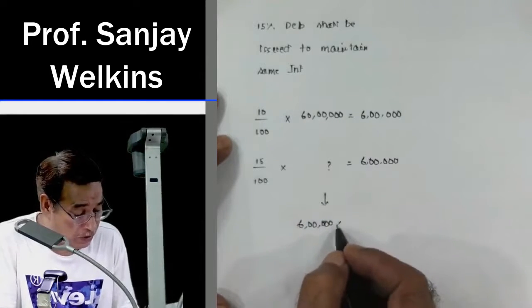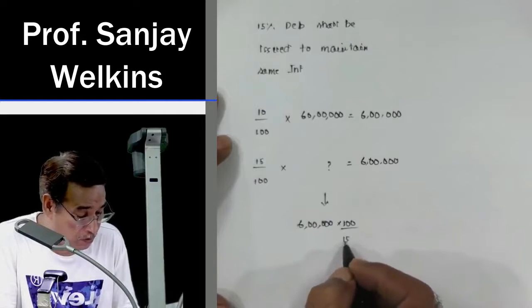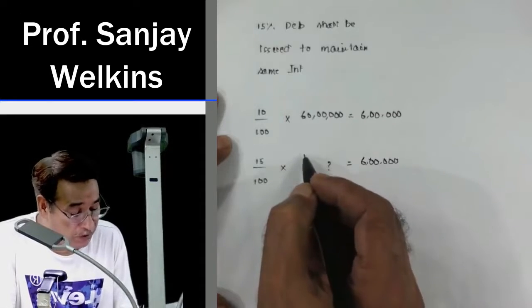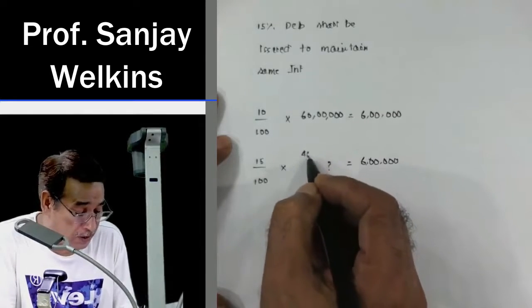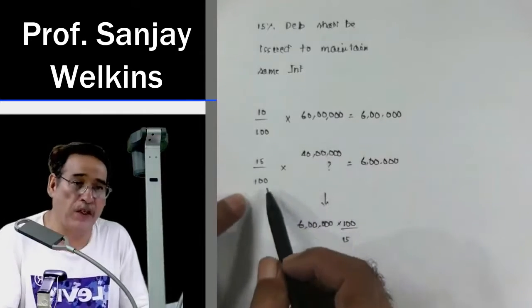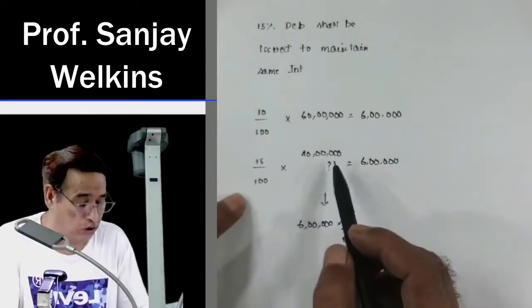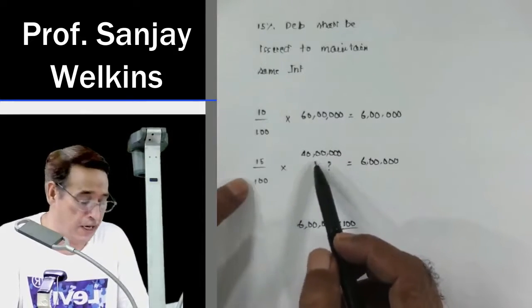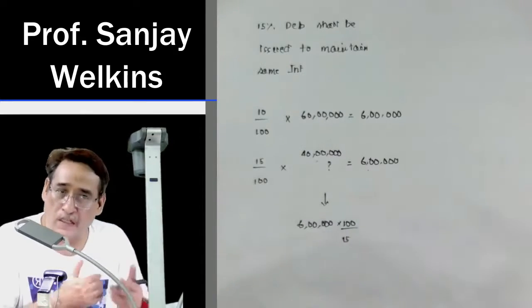into 100 divided by 15, and that will be equal to 40 lakh. So now you have computed that Z Limited will have to issue 15% debentures worth 40 lakh rupees. If you compute 15% of 40 lakh, the interest payment will still be 6 lakh.